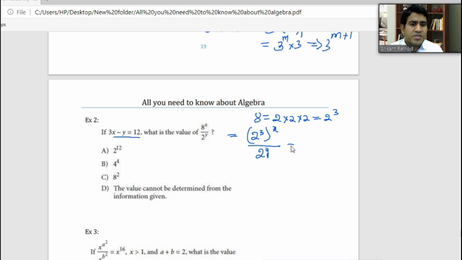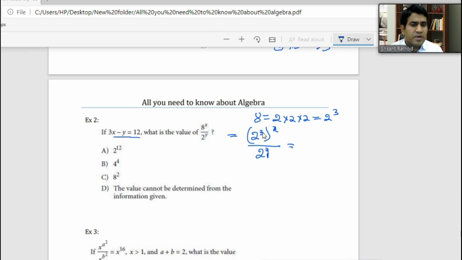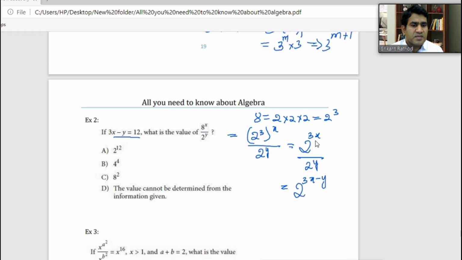Now we can write it as a to the power m, all to the power n, so this can be written as 2 to the power 3, and its power x gives 2 to the power 3x, over 2 to the power y. Right, now we have made the bases the same in both cases. Now I can apply the identity rule: a to the power m over a to the power n is a to the power m minus n.